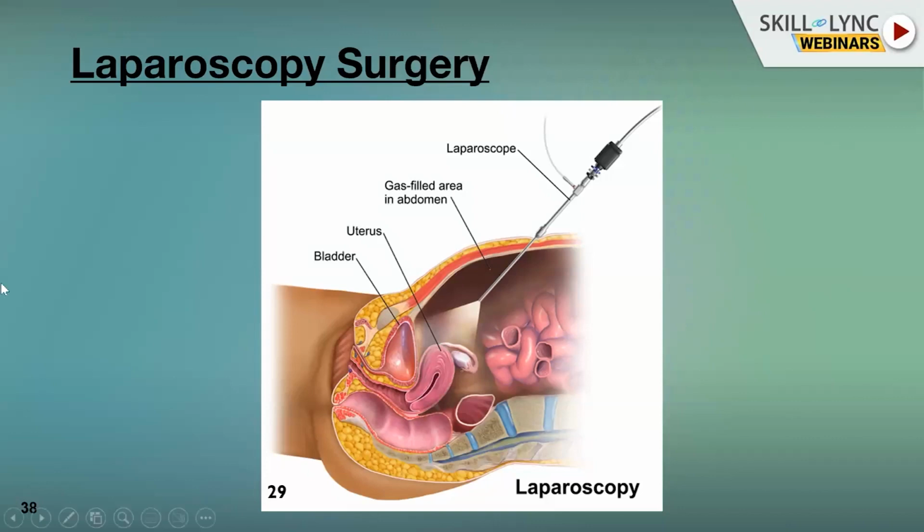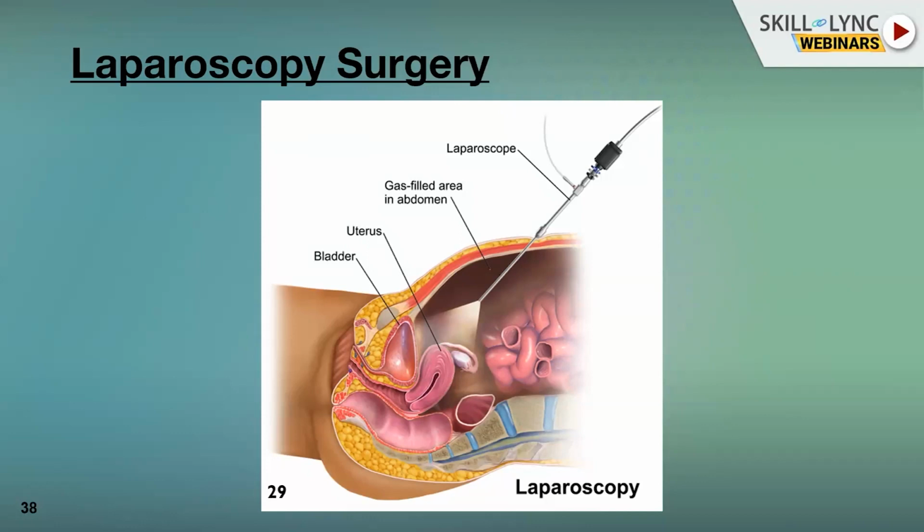For example, you can see the gas filled abdominal area, and if you have to see something in the uterus or bladder, you can expand the area of the abdomen, and they can visualize it.